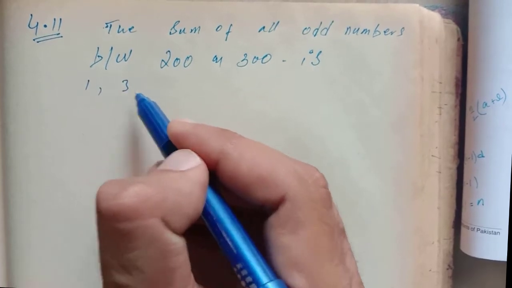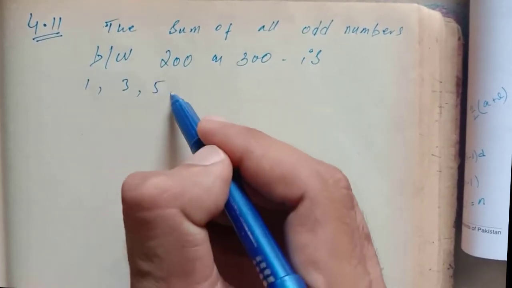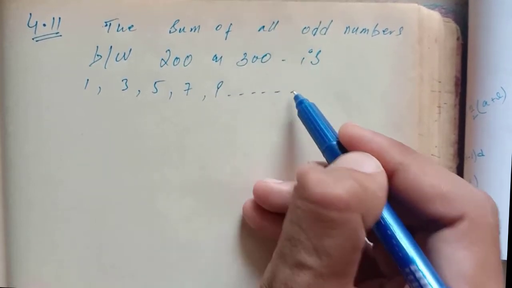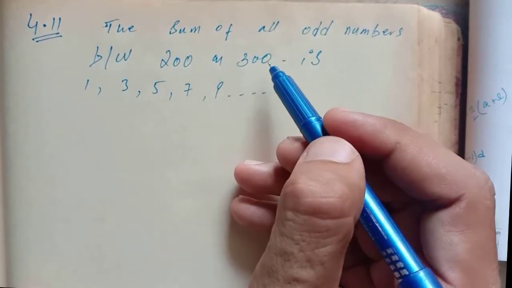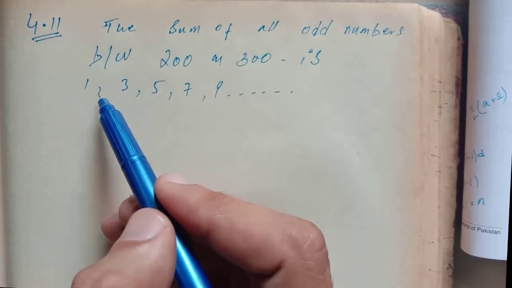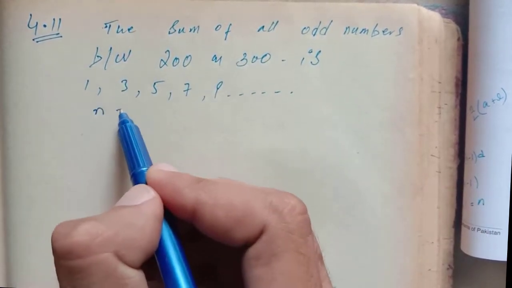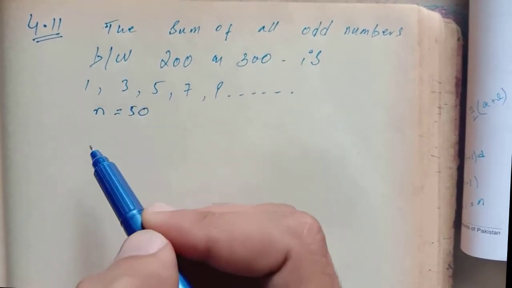Odd numbers mean 1, 3, 5, 7, 9 and so on. The total number is 100, and one number is missing between every two numbers, so n is equal to 50.